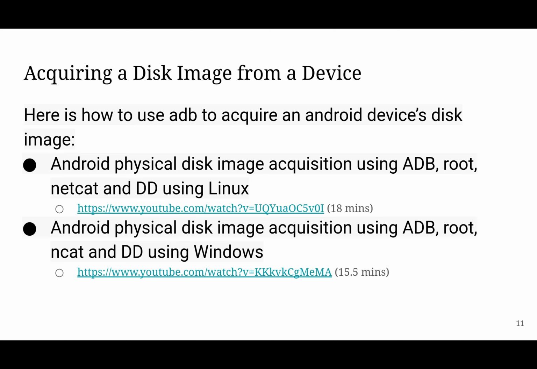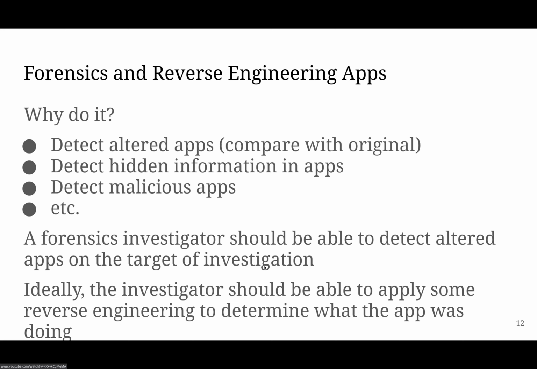You connect with ADB, and you use dd and Netcat to extract your data, right? With ADB, you can even forward the port from there, wherever you want. And you can do that for Windows too. There is another video that we link here.